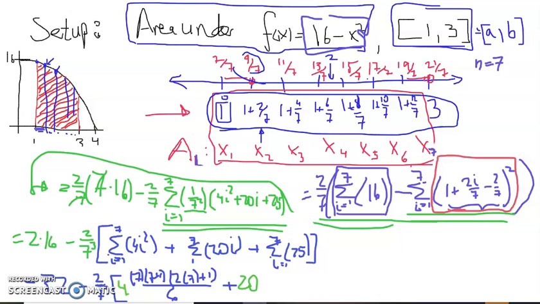This is so messy. All right. And then the sum from 1 to 7 of i is just the 7 times 7 plus 1 over 2. And then the last one is, well, it's just 25 times 7.